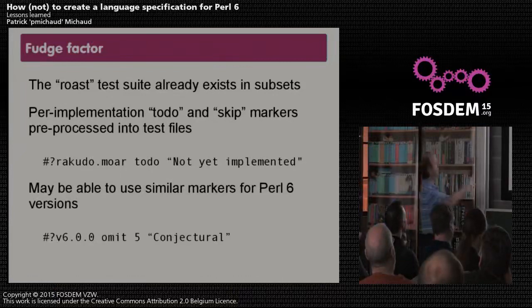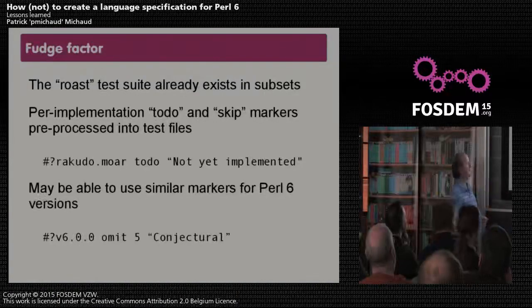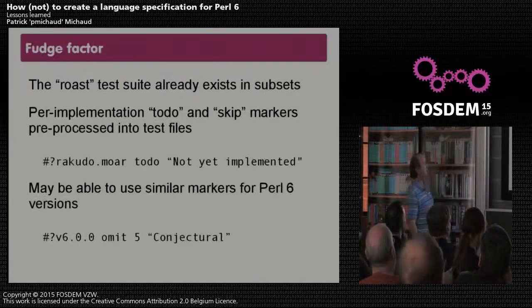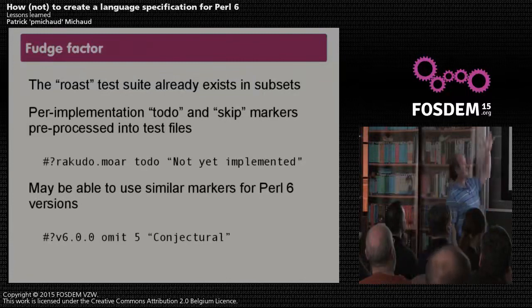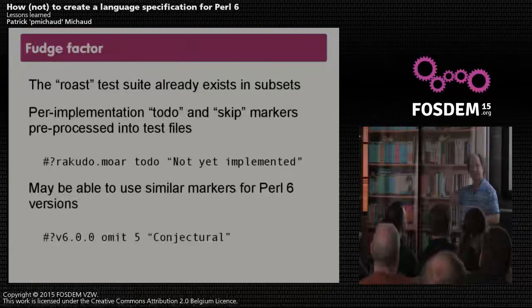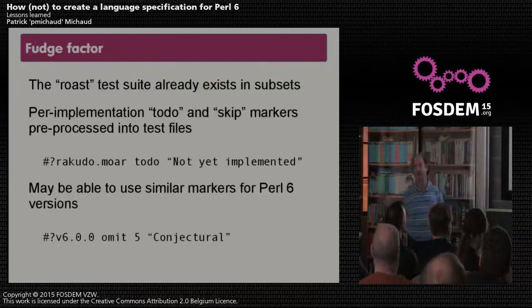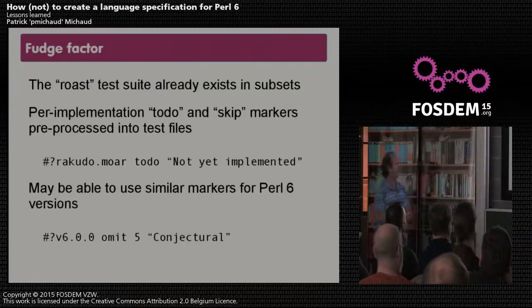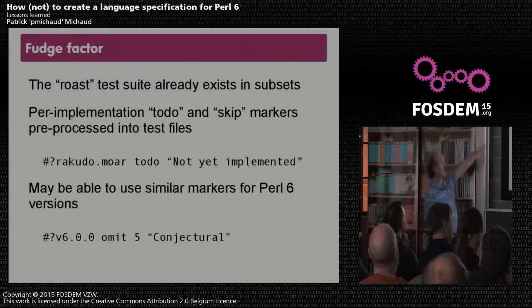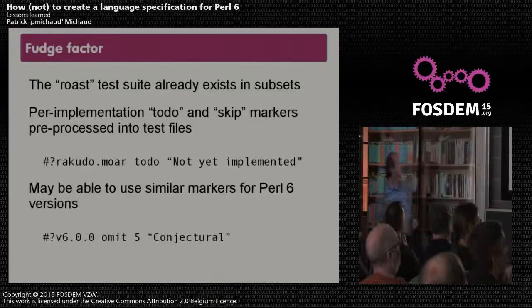So, for example, if this line appears before a test line inside of a test file, then Fudge, if it knows that the test is about to be run under the more version of Rakudo, then it will mark it as to do, just for that particular implementation. But the rest of the time, it's considered a comment line.